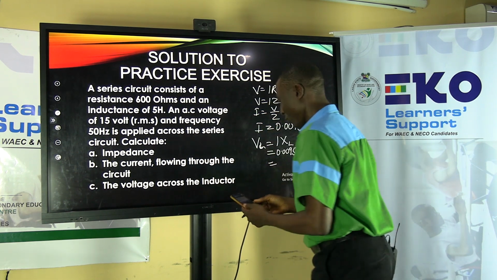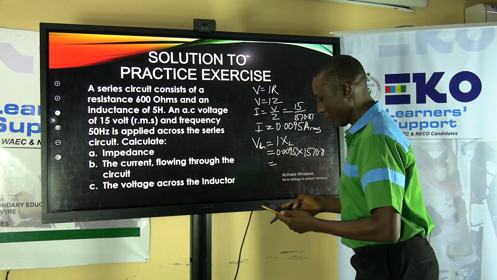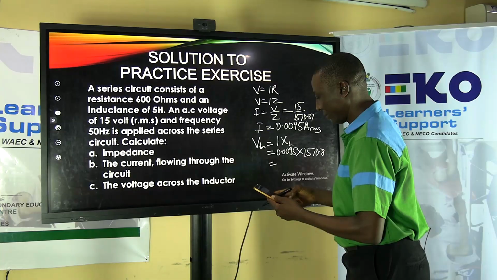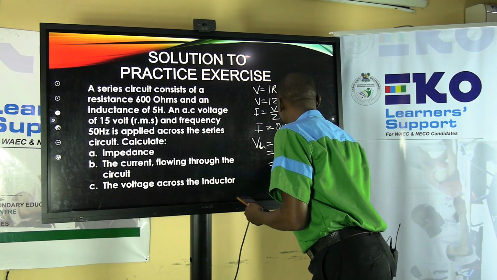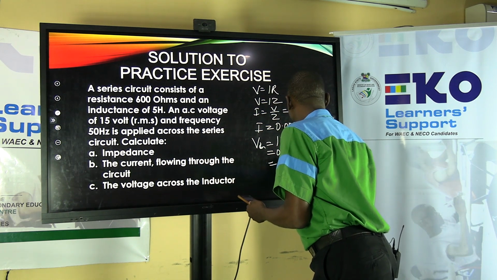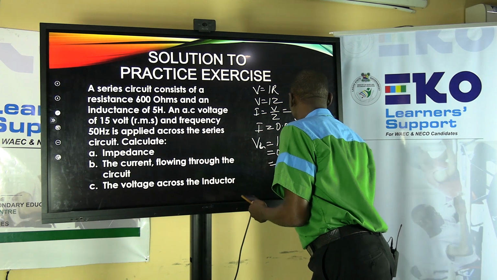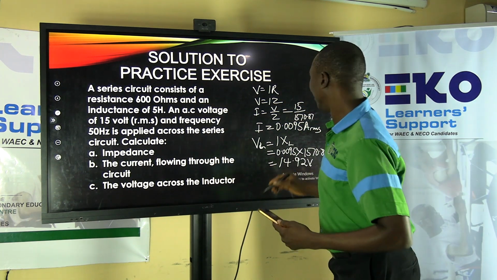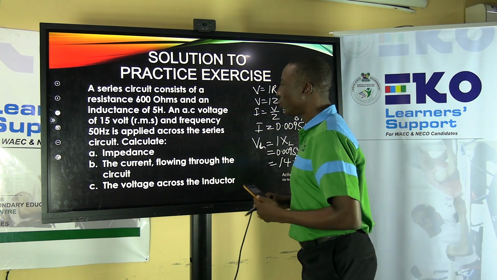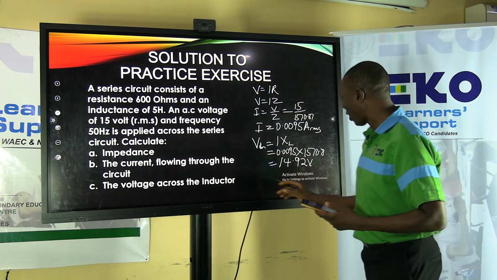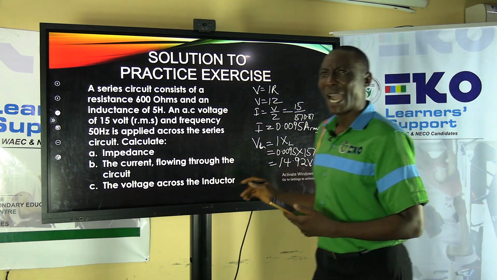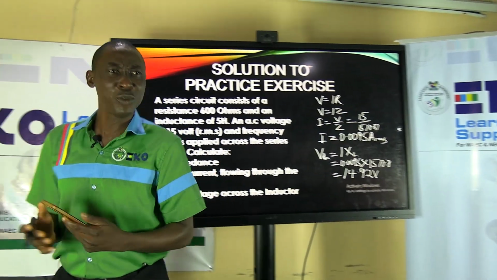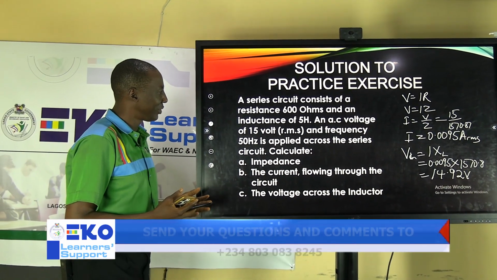So we get 14.92 volts. That is the voltage across the inductor. I believe you have understood this.